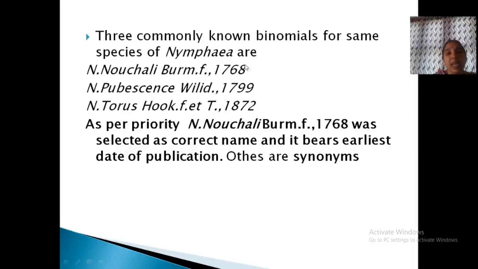If all three are validly published and legitimate, then you have to look at the first published name, and that is the correct name. All others are synonyms. Clear? So the first one, Nymphaea nouchali 1768, is the correct name. It bears the earliest date of publication. So this also comes under the rule of priority.